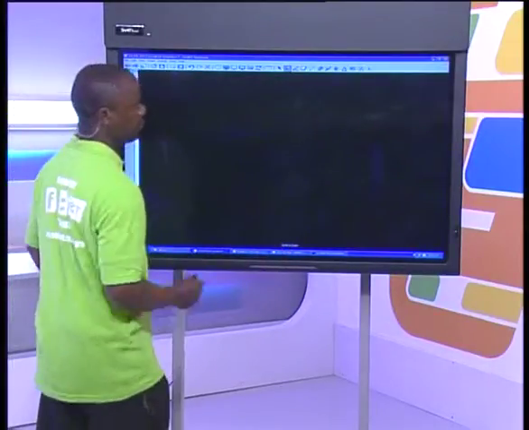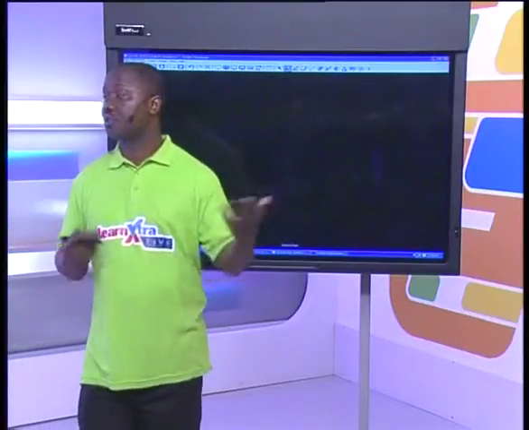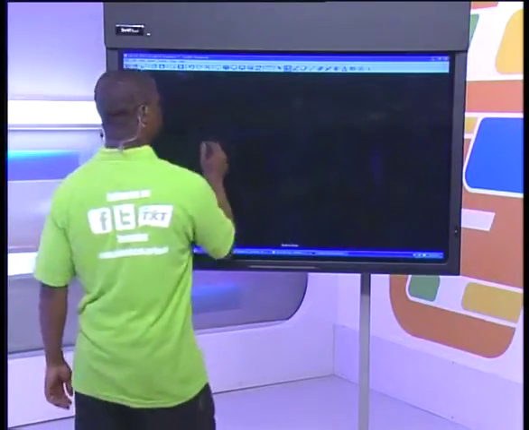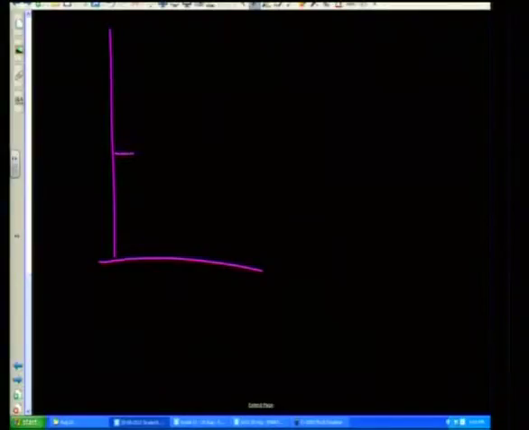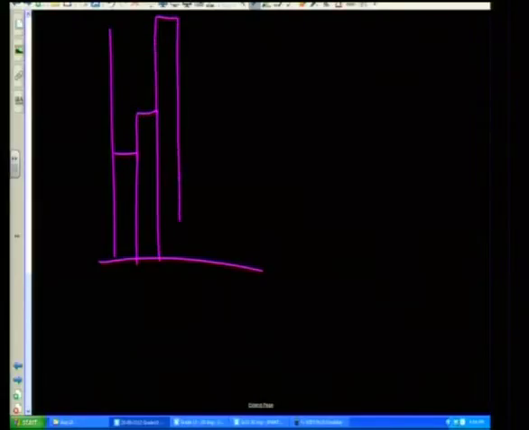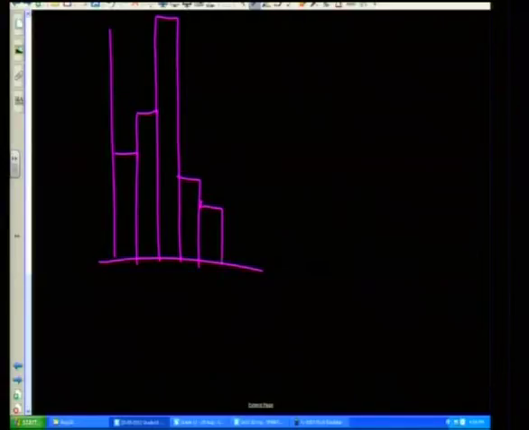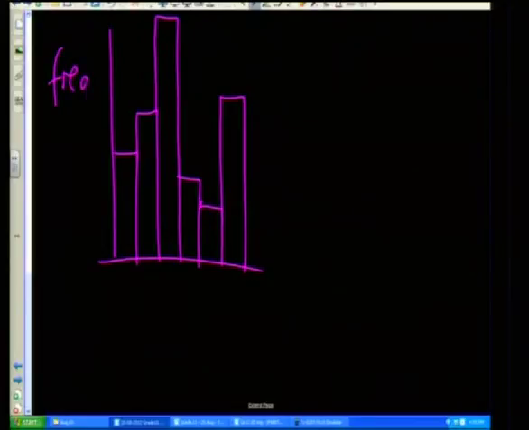So a frequency polygon, usually when you have drawn your histogram, let's say, or your bar chart, all right? Let me use the histogram. Let's say you've got that, another one over there, another one there. So these are your data points. And this is the frequency, and these are your values.